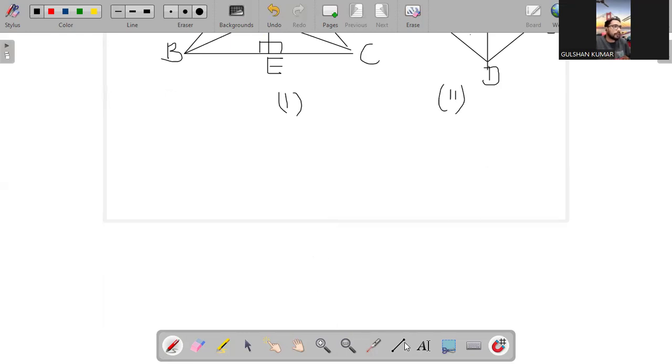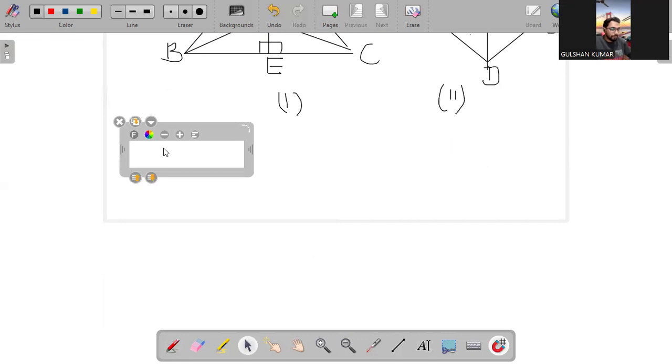So starting with the concept we have. What is given to us?